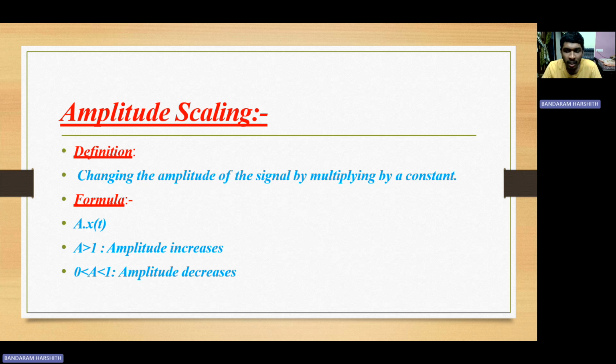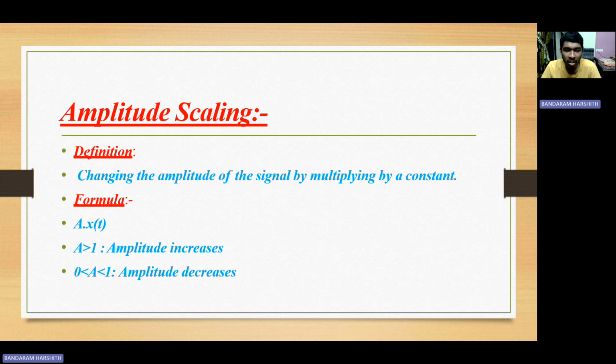Amplitude scaling. This is the other operation we are going to do on signals. So let's discuss the basic definition. What is amplitude scaling? Changing the amplitude of the signal by multiplying by a constant. Suppose we have a signal, say some y of t, but we do not have enough amplitude or enough range on the y-axis, so we cannot get enough energy for the signal.